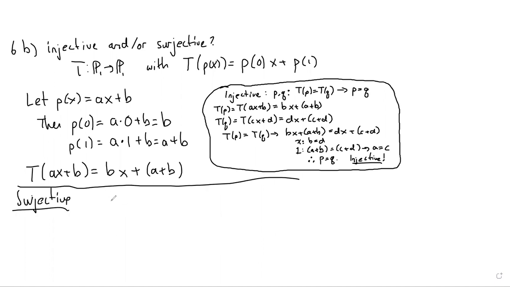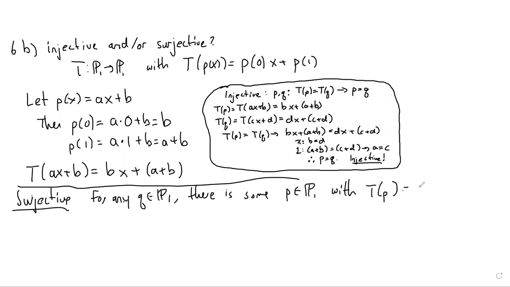Then what I need to show is that for any polynomial Q in the codomain, which is P1, both the domain and the codomain, there is some P in the domain, which is also P1, that maps to it. So again, if Q of X is CX plus D, can I find a P such that T of P of X equals CX plus D?